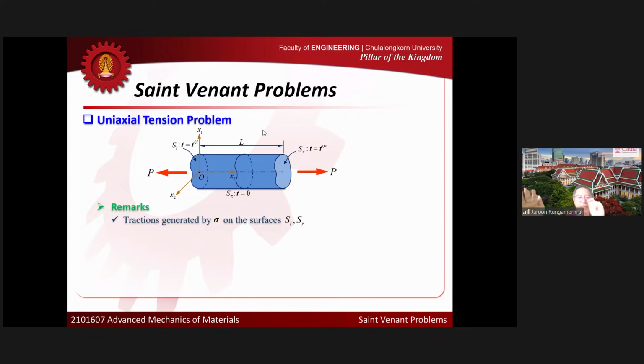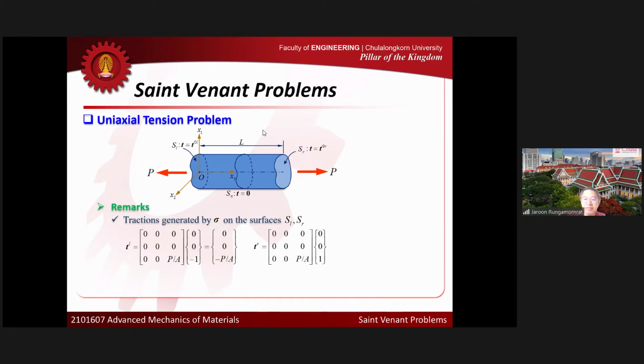So now let's look at the traction generated by the stress field that we got before. We just simply look at the left end. We multiply the stress field by the normal vector at the left end, which is (0, 0, -1). So we get the traction like this. This is the traction generated by the stress that we got.